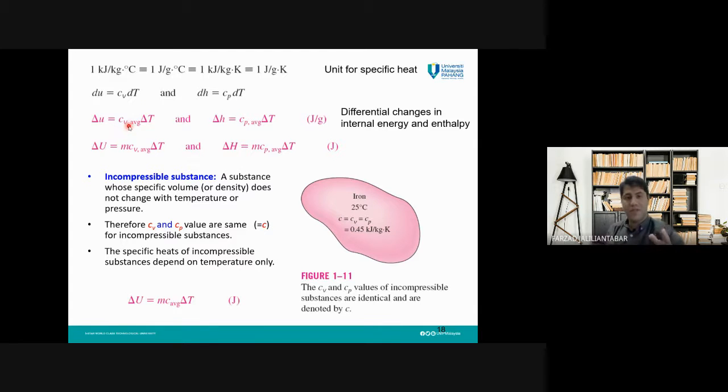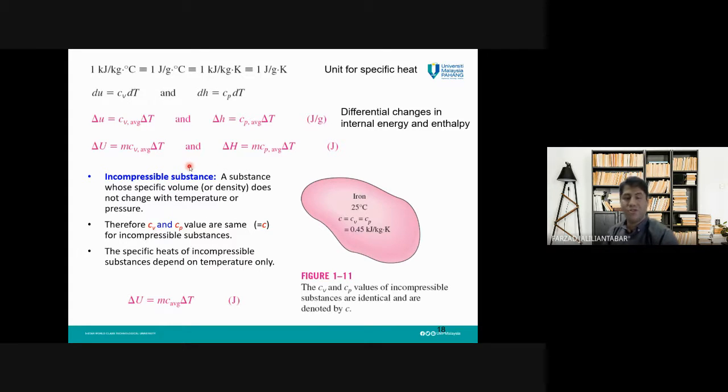When your substance is bigger, for example 2 kg, or even smaller, then the mass is also important. For example, if you are going to calculate the heat transfer for 1 egg, it is not 1 kg, so this time the mass of the substance is also included. Delta U is equal to m Cv average delta T, or delta H is equal to m Cp average delta T. I think it is easy to understand.